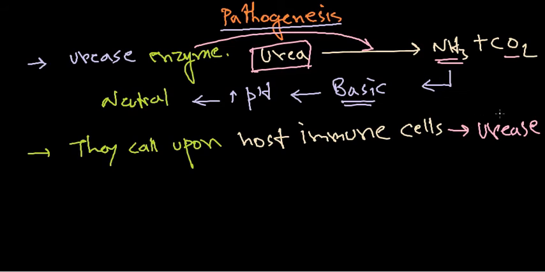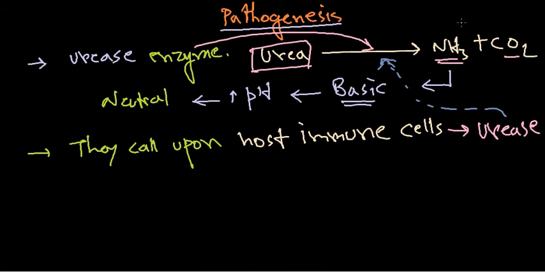As they are also producing urease, this can again, so let me draw it again, go and do the same work that is done by the urease secreted by the bacteria. So they are not only providing the enzyme to degrade urea to ammonia, but also they are amplifying it by calling upon host immune system cells into the place, like macrophages, neutrophils, and all these cells, right? So this approach is very clever, very clever approach, right?